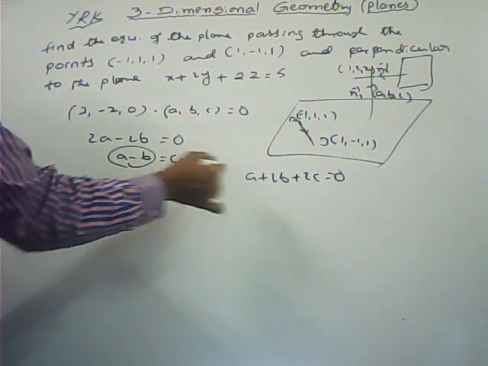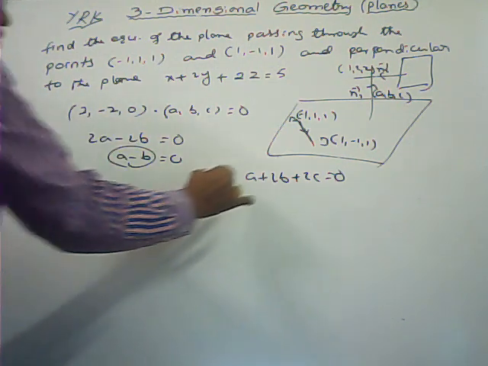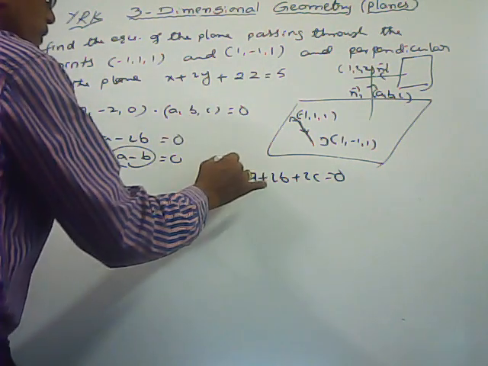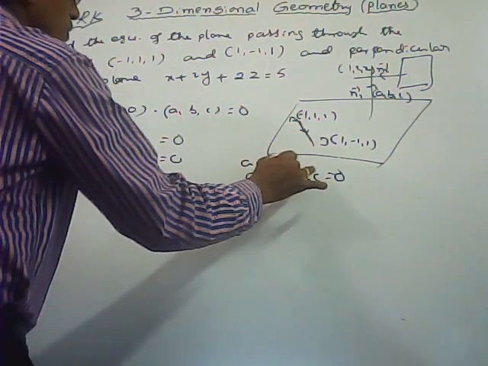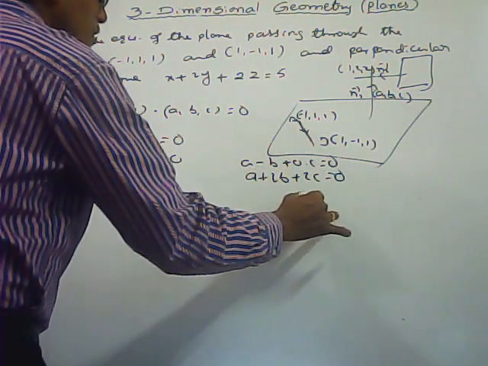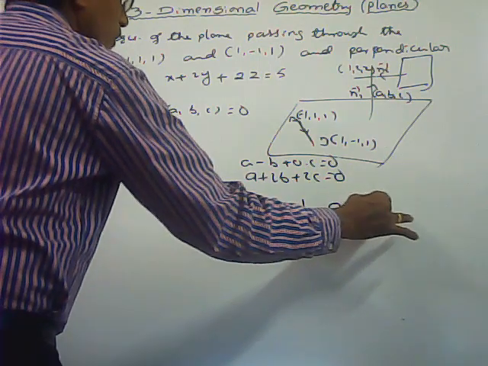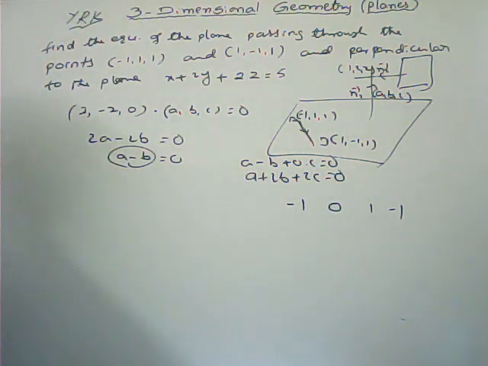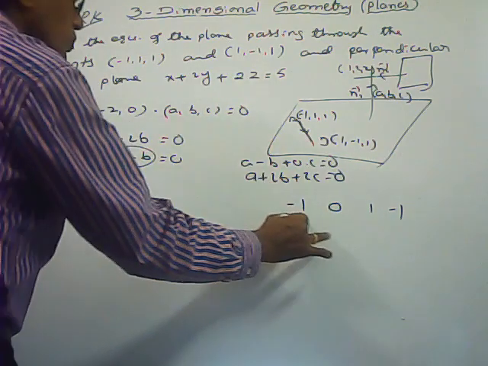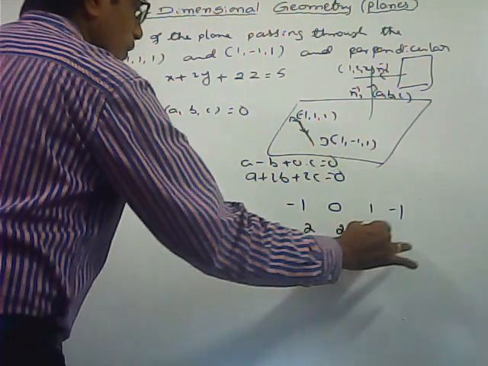Whenever we get two relations in a, b, c, by using the cross multiplication method, you can start with the b coefficient: a minus b plus 0 into c is equal to 0. Here what is the b coefficient? Minus 1, 0, 1, minus 1. End with the b coefficient again. Start with the b coefficient, end with the b coefficient only: 2, 2, 1, 2.